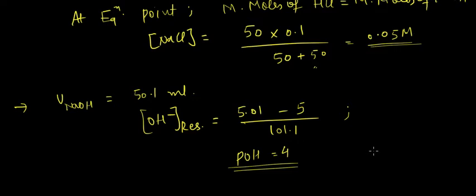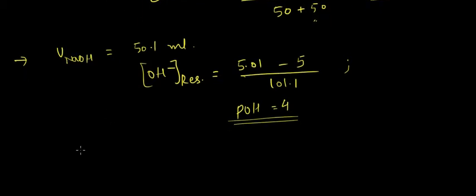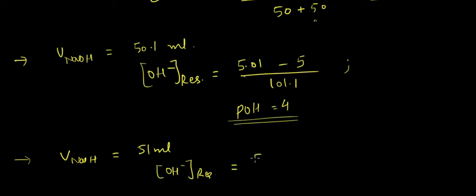Now what happens is, when we continuously try to increase the volume of NaOH further, let's say we have 51 ml NaOH, then OH minus resultant would come out to be 5.1 minus 5 divided by 101. This is 100.1 rather, because we used 50.1, so this is 100.1.